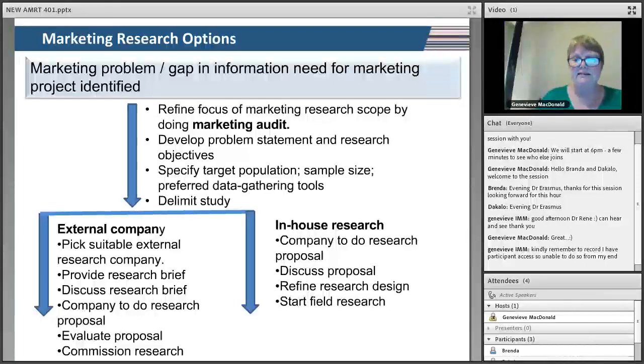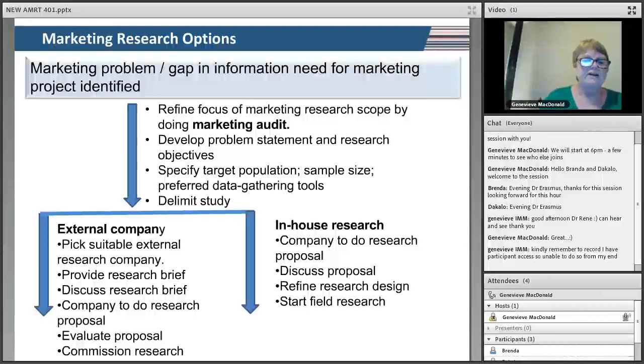Then the company has a decision to make. Either they can use an external company that can do the research on their behalf, or they can do it in-house, where a research department does it, or you are assigned, say, from the marketing department to do the research.